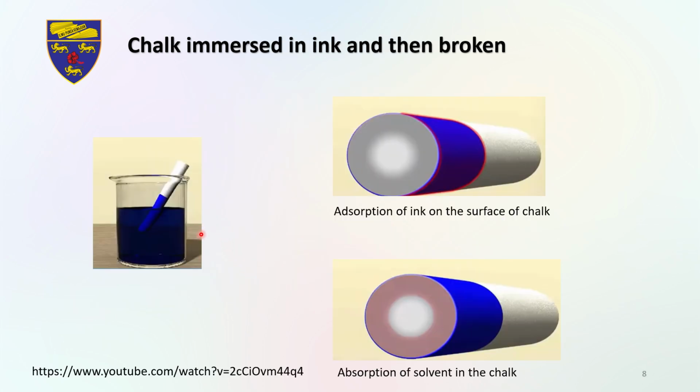Consider a piece of chalk dipped in ink. The ink pigment stays on the surface, that is adsorption. However, if you break the chalk, you will see the inside is wet but white. The solvent, which is water, has moved into the bulk, which is absorption.